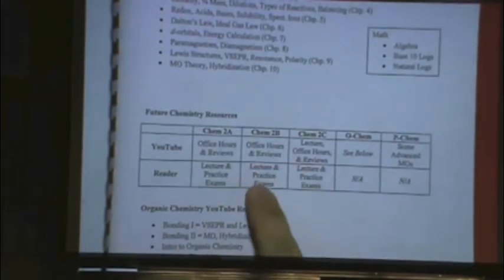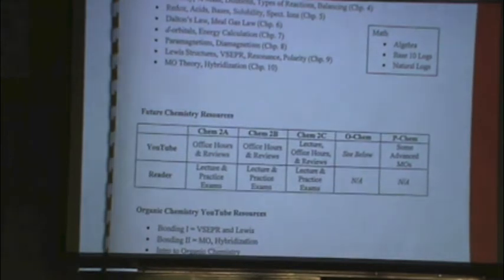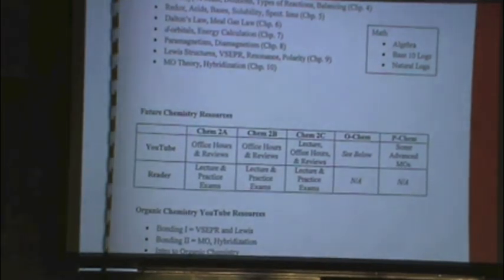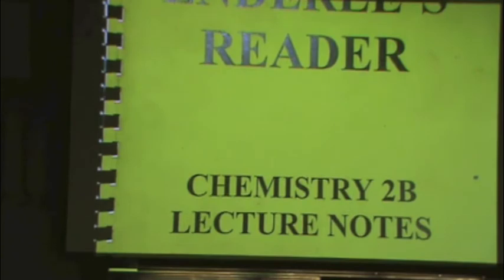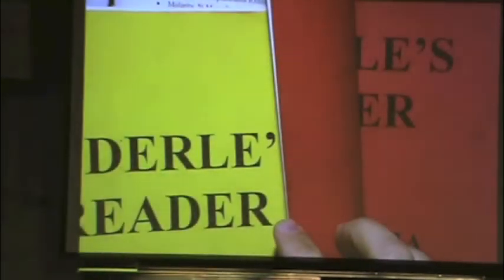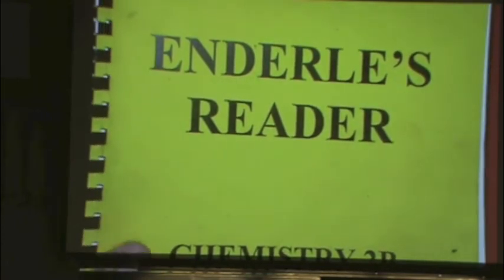I have my office hours, just like before, I have all my YouTube, and a couple people have asked me, so I will put it in the books, the Davis Copy Max. My 2B readers are yellow, because yellow is the color of 2B. Red is the color of 2A. But I'll put this out, if people want it, you can use it, that's fine. But I won't be teaching the class, so.